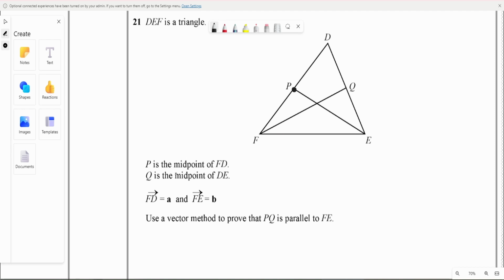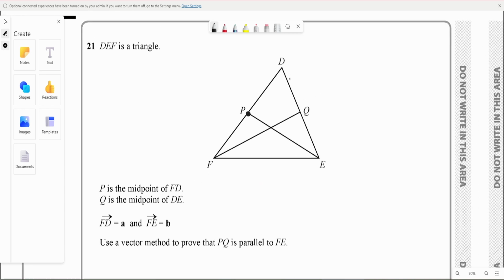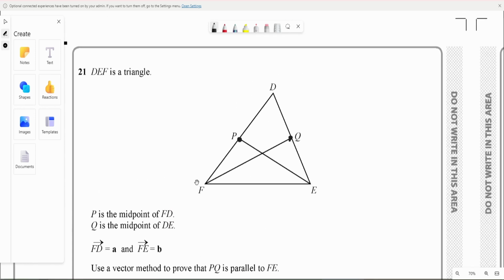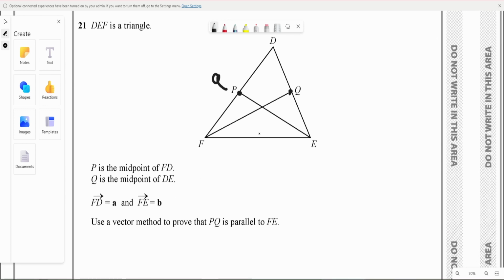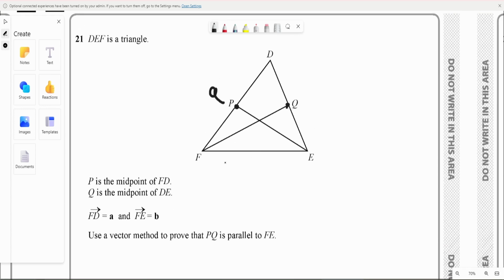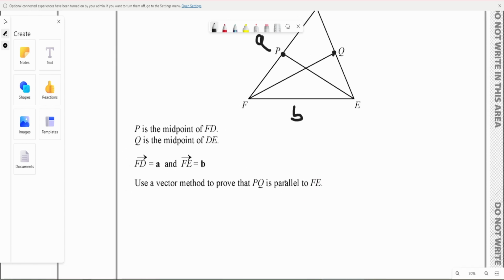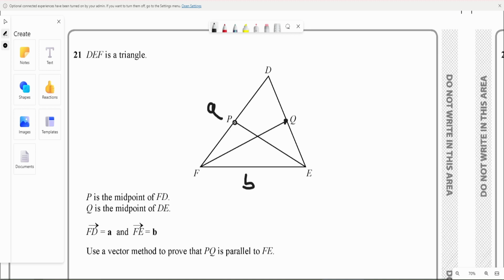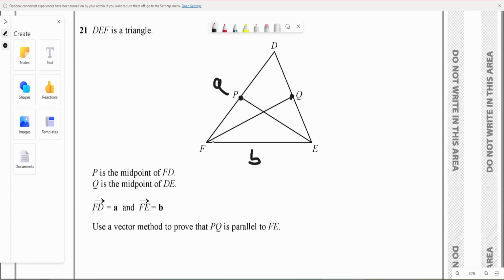It says Q is the midpoint of D and E. F to D equals A, and F to E equals B. Use the vector method to prove that PQ, this line right here, is parallel to FE.